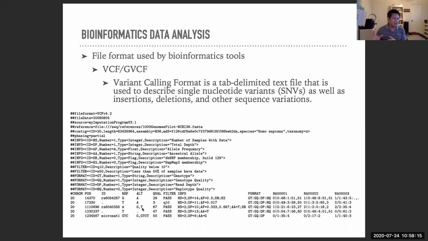A homolog somewhere else has the T allele, and because the alignment couldn't find that location, or in the reference genome that part is gone, the T allele from the homolog was aligned here, and that's why you see A, G and T.